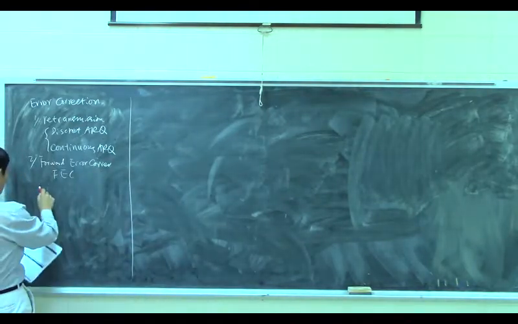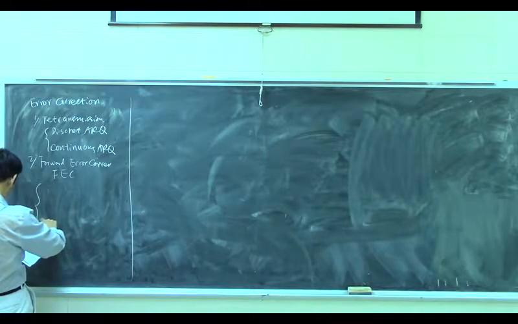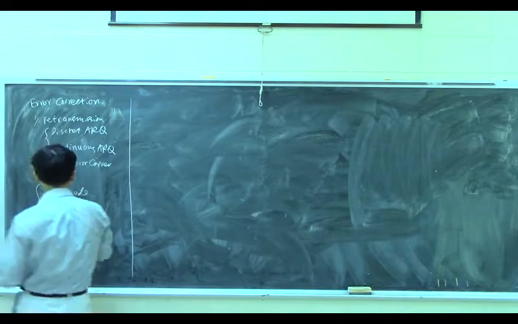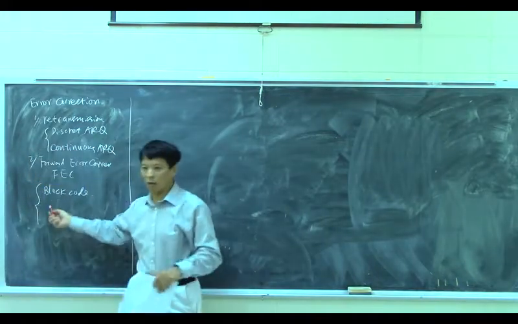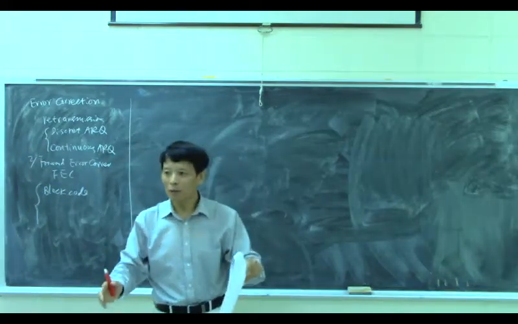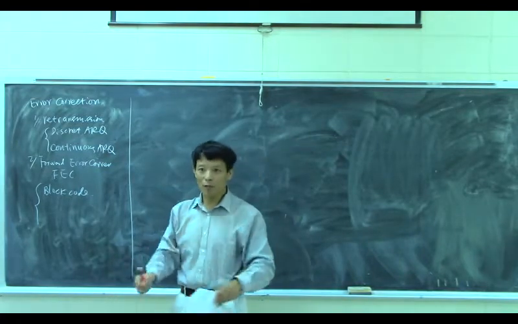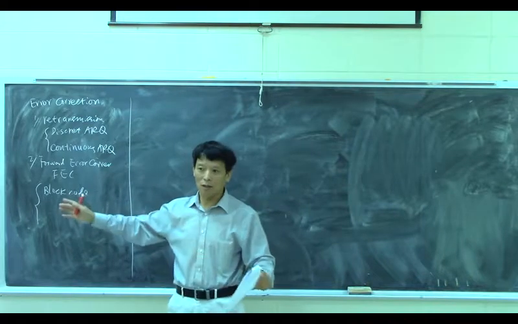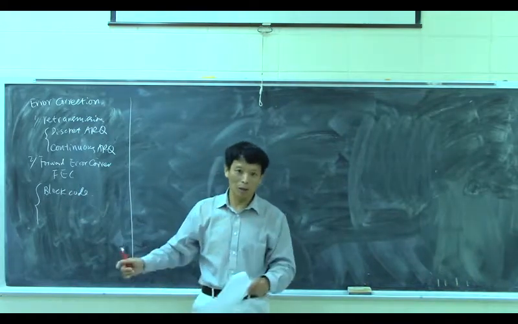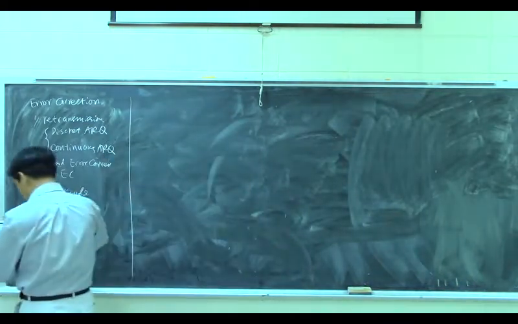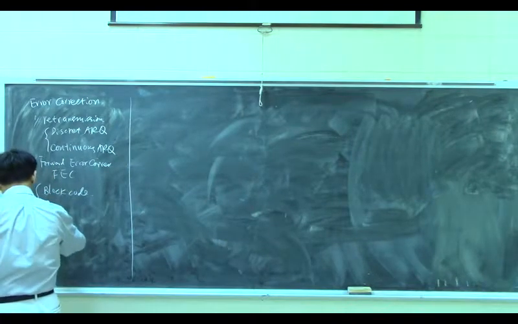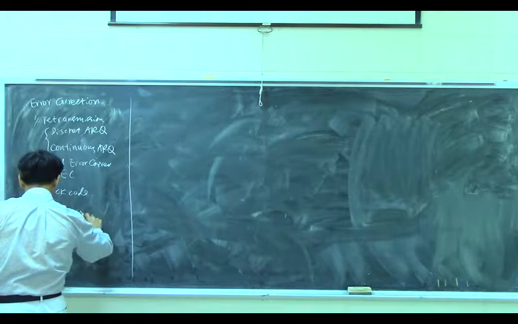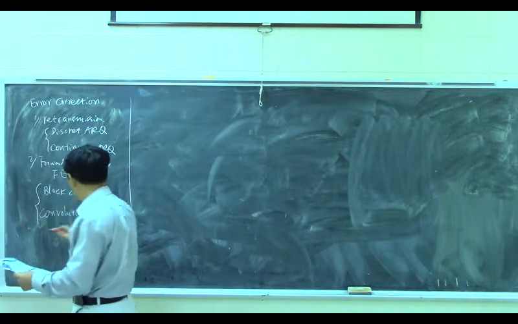For this type, we have several types. The first one is called block code. Block code is easy to understand: I send one block to you, you receive that block and decide if you correct the error, and that's it. Then I send another block, block by block. The other method is called convolutional, or concurrent code.